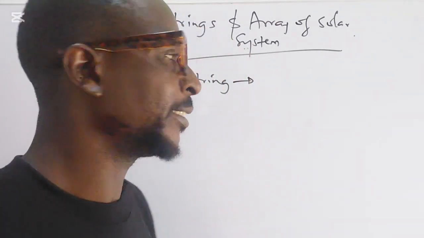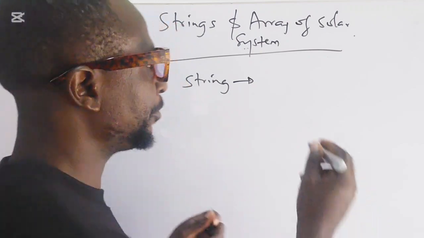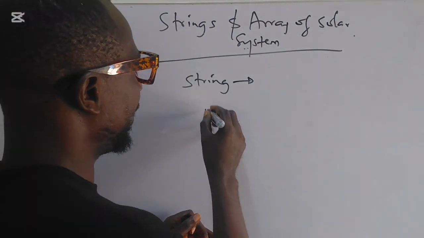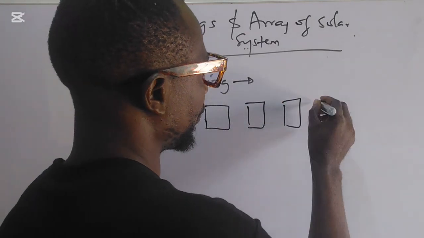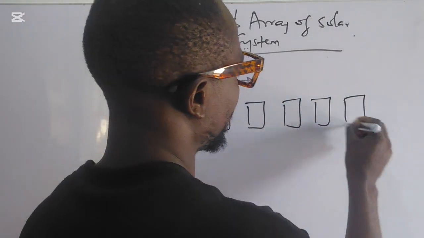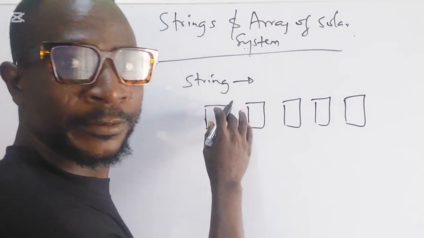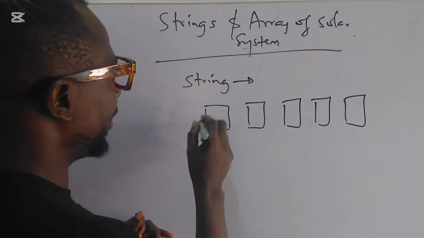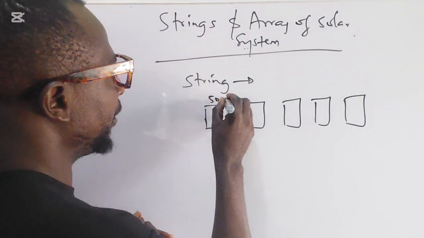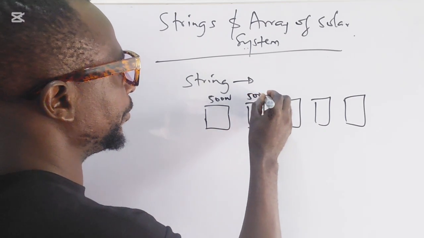So let's take an instance. Let's say we have five solar panels, and the wattage of each is 500 watts.